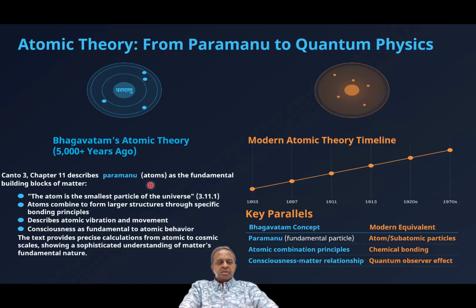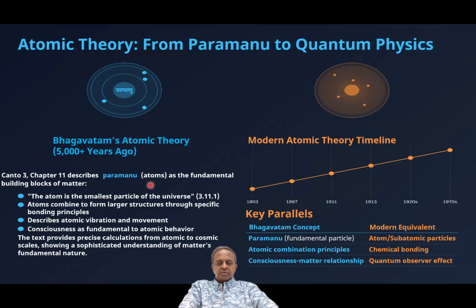But it doesn't stop there. It describes how Paramanu combine through specific bonding principles to form larger structures, how they vibrate and move in predictable patterns, and most remarkably, how consciousness interacts with atomic behavior.